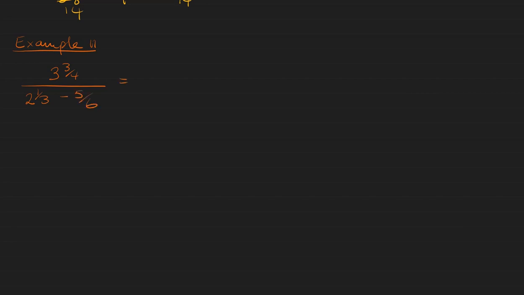And then to solve this question, again, we convert the mixed number fractions to improper fractions. So 4 3s are 12, plus 3 is 15. 2 and 1/3. 3 2s are 6, plus 1 is 7. And we will end up with 15 over 4 all over 7 over 3 minus 5 over 6.